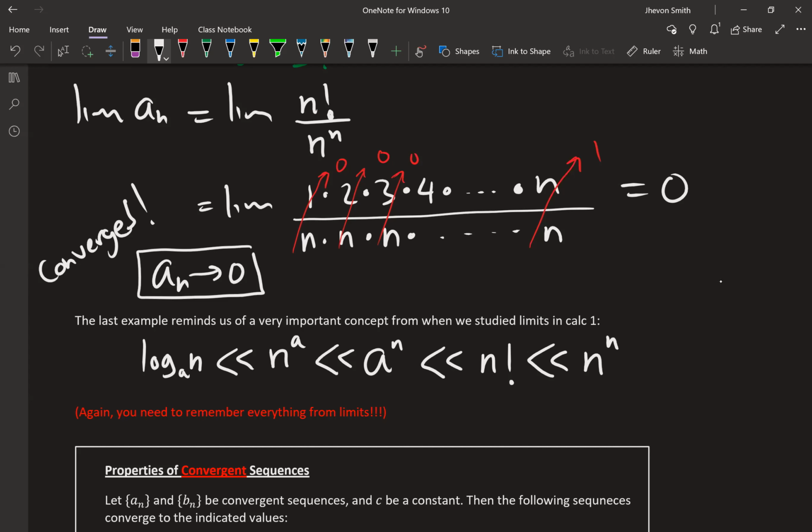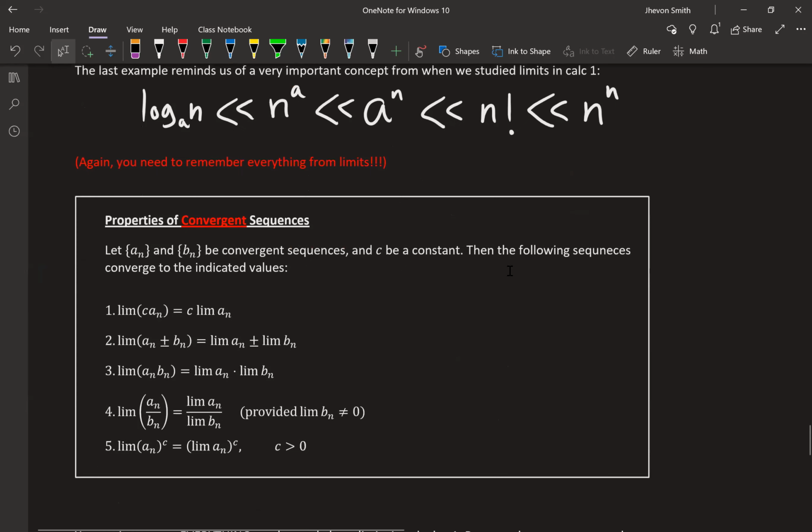If I'm taking the limit of, say, n to the a divided by n factorial, I know it's going to go off to 0, because the guys on the left are so big compared to the guys on the right that the guys on the left are effectively 0 as you're approaching infinity. So compared to the n to the n, your n factorial is like a 0. It's almost like you have a 0 divided by infinity. And so that's going to actually go to 0. So this ratio, as n is going off to infinity, gets very small because the denominator is getting huge compared to the numerator.